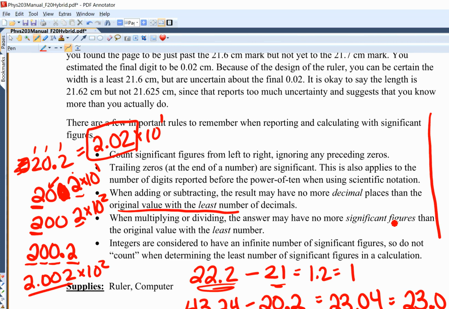Now with multiplying numbers, it's a little bit different. You're going to keep the lowest number of sig figs in one of those numbers. So let's say if I do 2 times 4, that's easy because they both have one significant figure, so I report one significant figure.